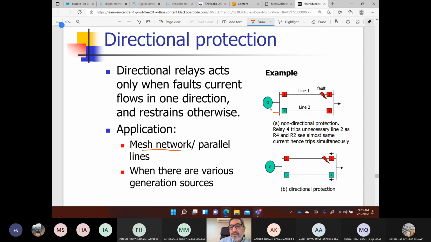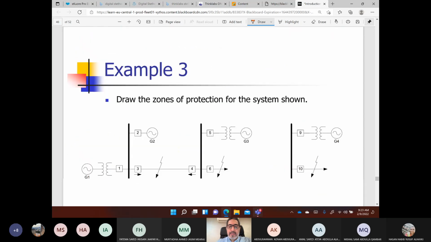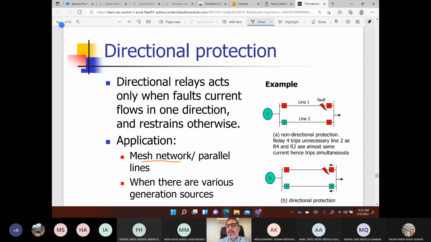Sometimes, let's say, a bus bar here, two substations, I have a load here and a generation here. Okay, now this is a loop system or a ring system, and it also has multiple sources.